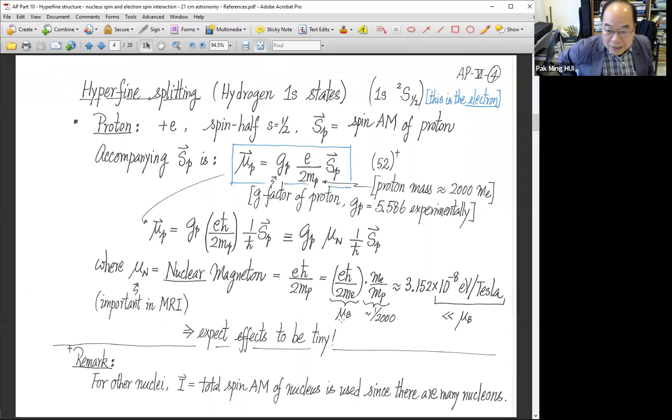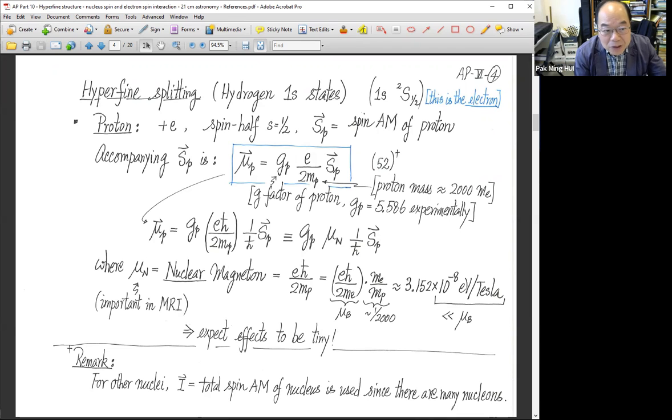So now, let's go into hyperfine structure. Now, it is related to something that we have not been considering so far. It has to do with the nucleus of the hydrogen atom, which is a proton. Okay, that is simple.